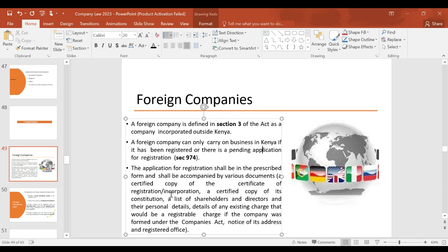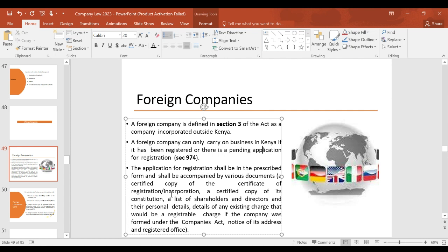It must also have the list of shareholders, the list of directors, and any details with regards to such persons, including their personal details and their addresses, if they are in existence.